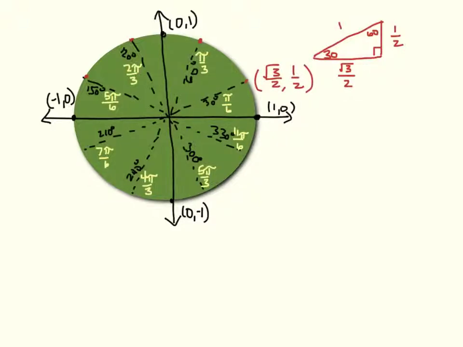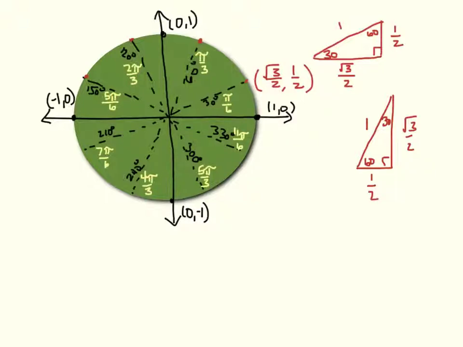We can use the same tools to figure out this 60 degree. It makes a taller triangle, where this is 60, so this must be 30. And using the same rules, if this hypotenuse is still 1, then this must be a half, and this must be square root of 3 over 2.